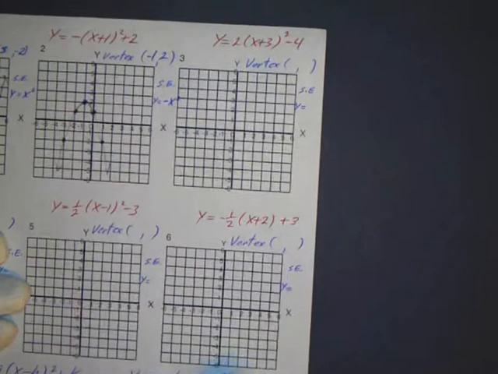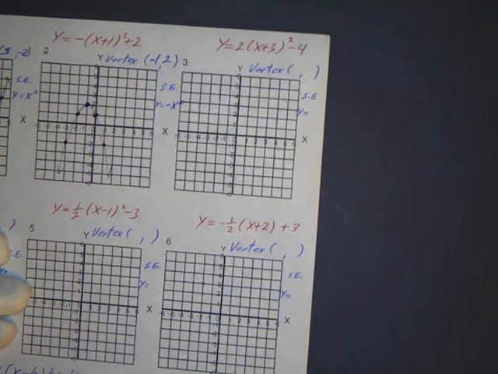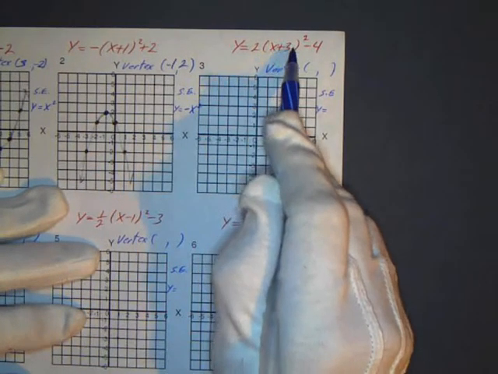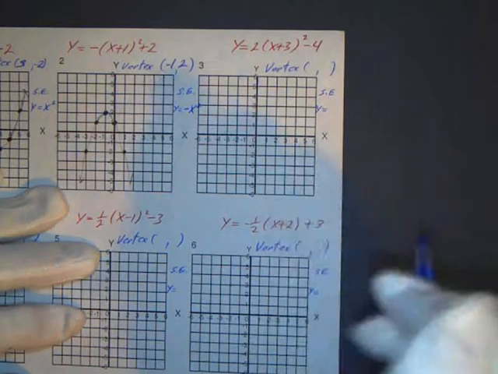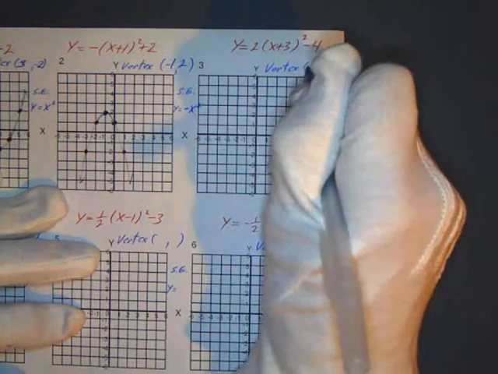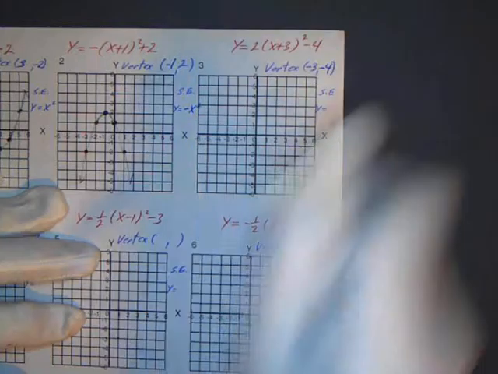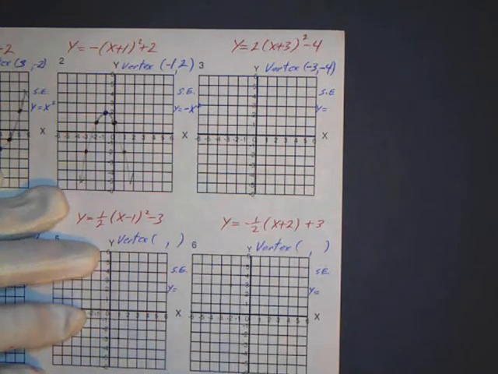Okay, next vertex form is y equals 2 times x plus 3 squared minus 4. So what's my vertex? It's opposite sign, so it's going to be negative 3. Same sign, negative 4. So there's my vertex, negative 3, negative 4.